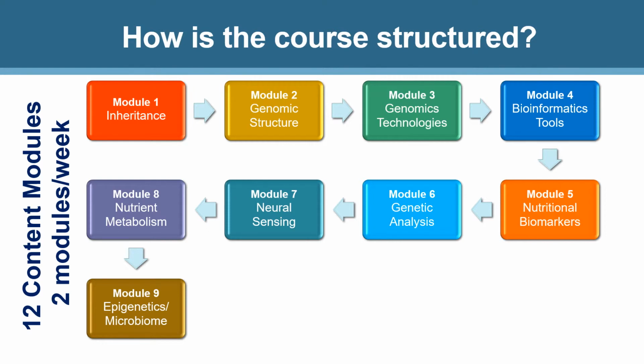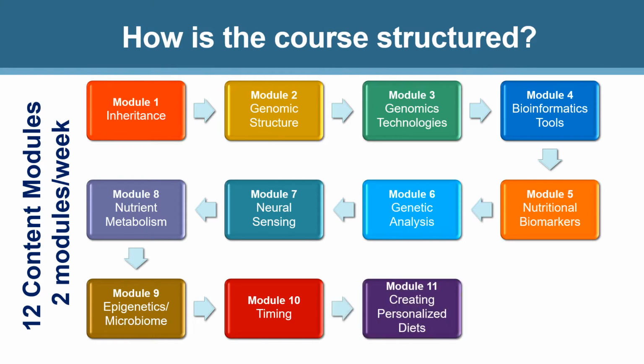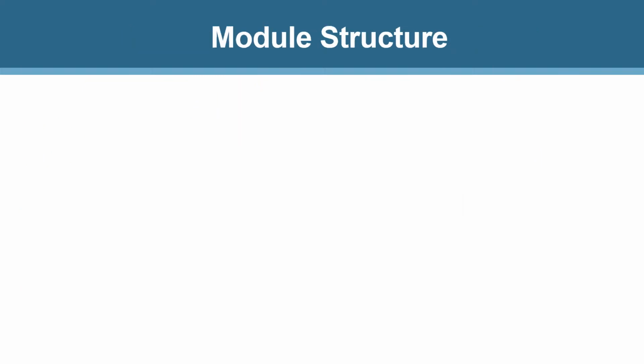In Module 9, we'll talk about gene regulation at the level of epigenetics and the microbiome. In Module 10, we'll talk about timing and circadian rhythms. In Module 11, we'll talk about the process of creating a personalized diet. And in Module 12, we'll actually apply those personalized diets in different settings.